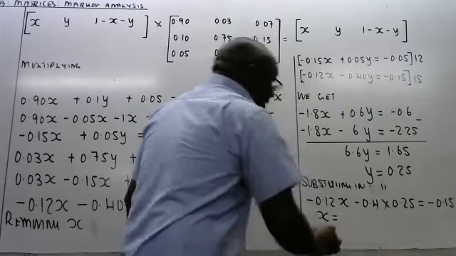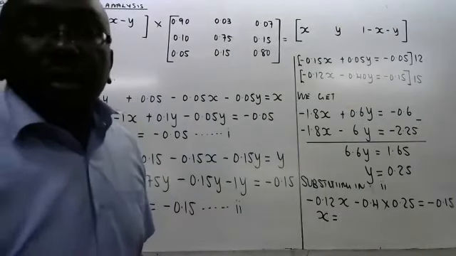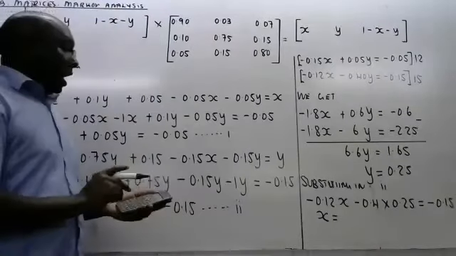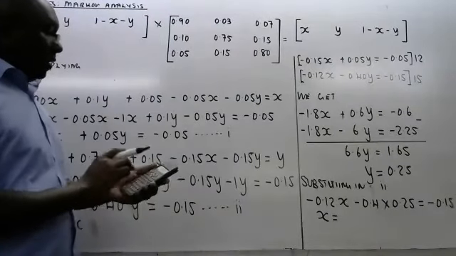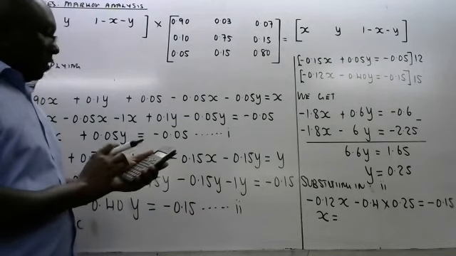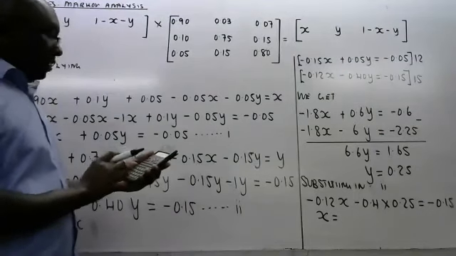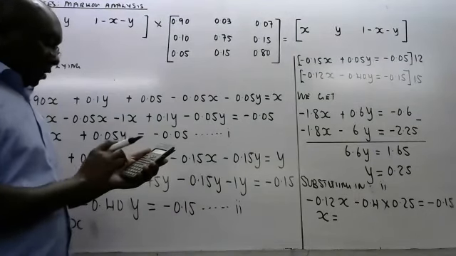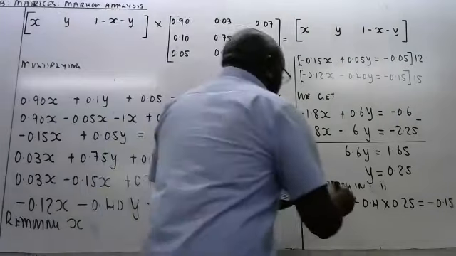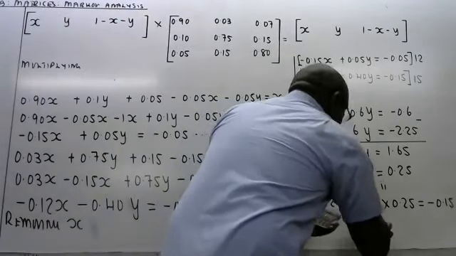So based on that, I can say minus 0.4 times 0.25 plus 0.15, divided by 0.12. If I just confine myself to decimals, this will be 0.42.